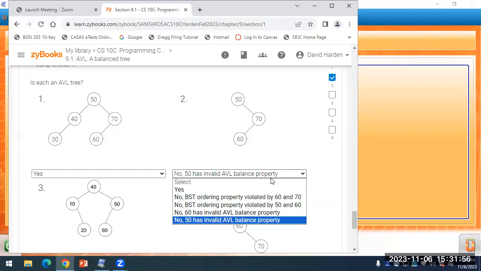Isn't it because of the ordering? 50, 70? I think the ordering is, that's ordering, correct. But isn't the left tree's height? Oh, it's negative. So negative 1 minus 1, so it's negative. Right, yes, -1, yeah. Okay.